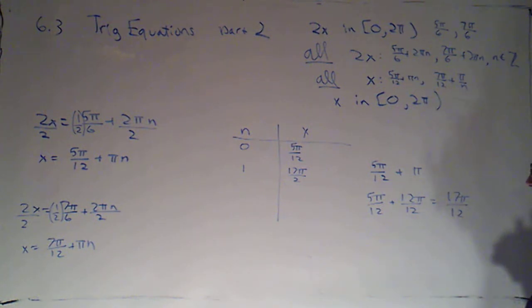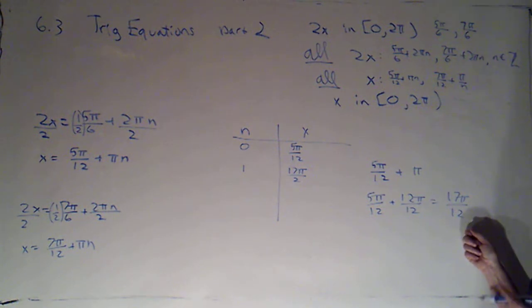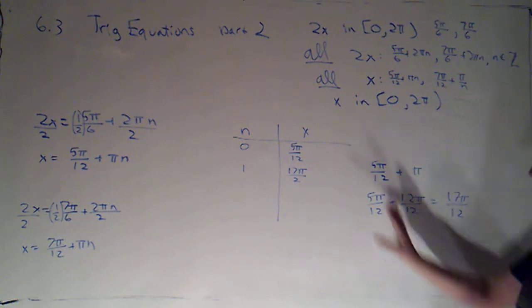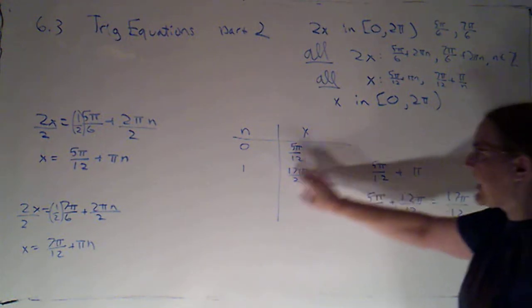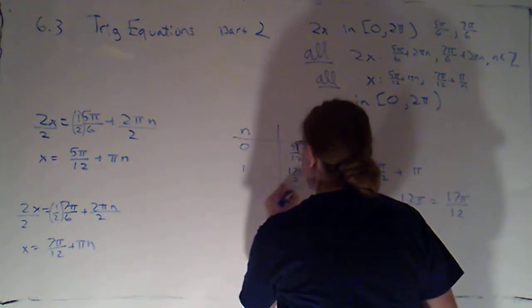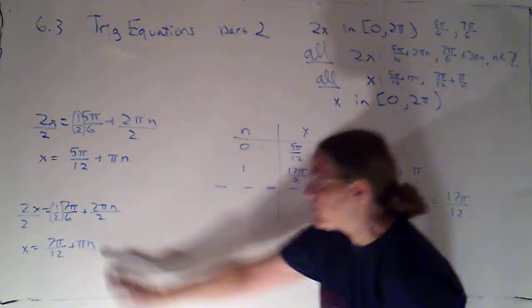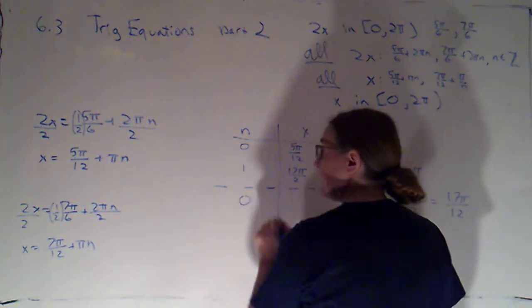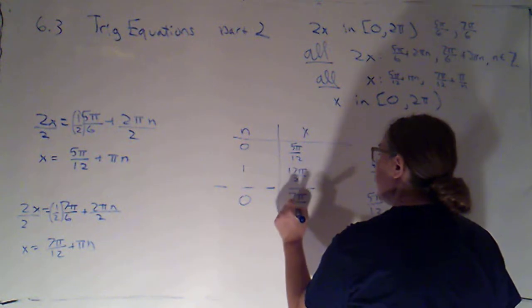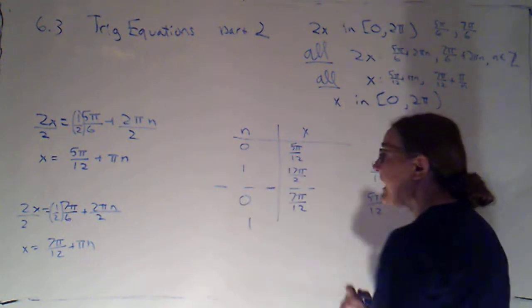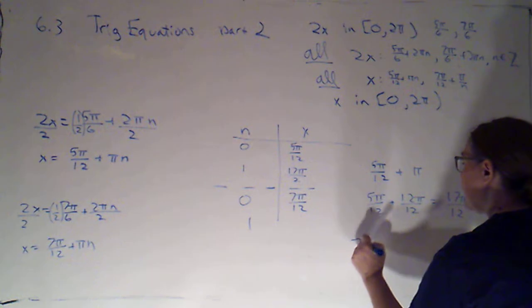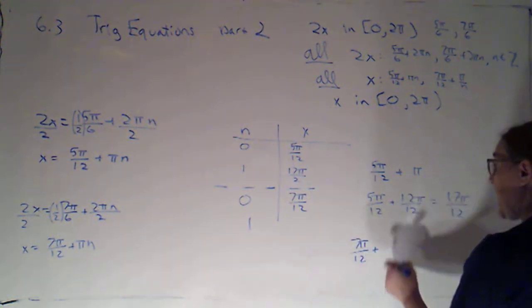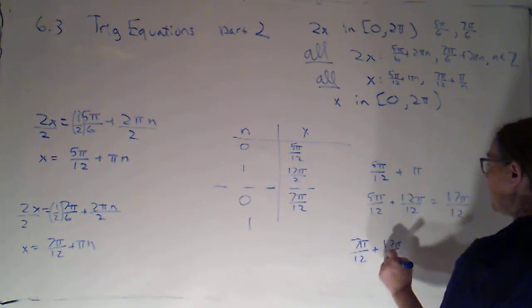Now, if I were to add pi again, that would be another 12 pi over 12. That's going to take me to 29 pi over 12. That's bigger than 2 pi, because 2 pi would be 24 pi over 12. So these are the two solutions that I get from here. Now, using this formula, I can do the same thing. If n is 0, I'm just going to get 7 pi over 12. If n is 1, I'm getting 7 pi over 12 plus pi, which again is 12 pi over 12.